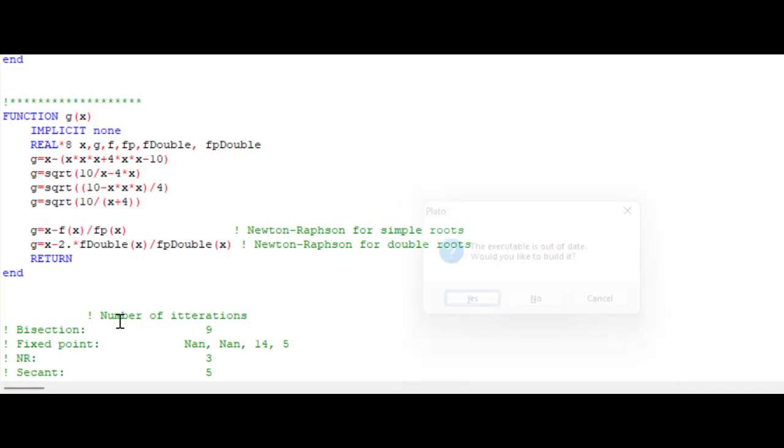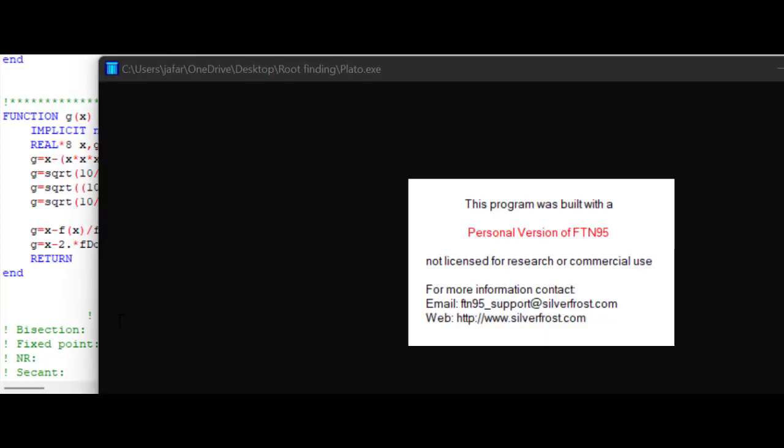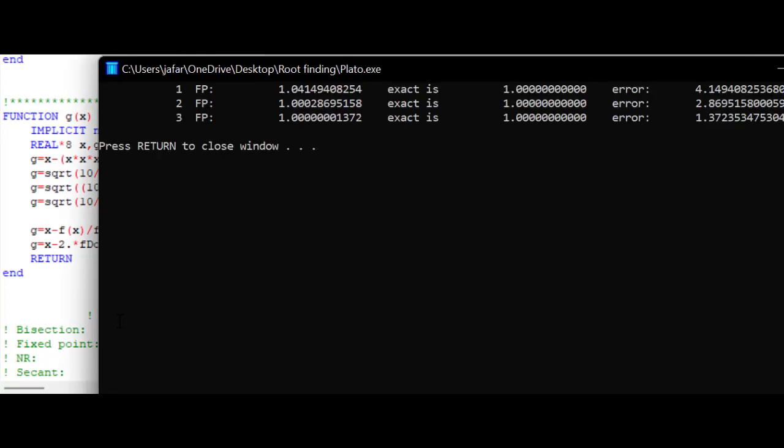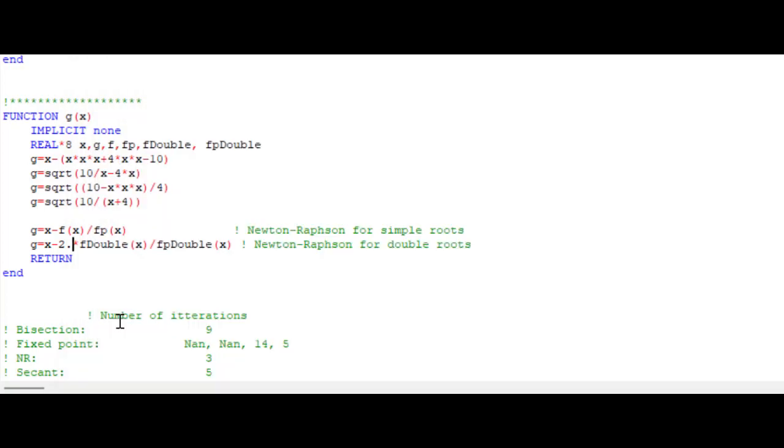And then I can run the code to find out the new number of iterations, which is 3 iterations. And this shows that this new version of the Newton-Raphson method is of order 2.